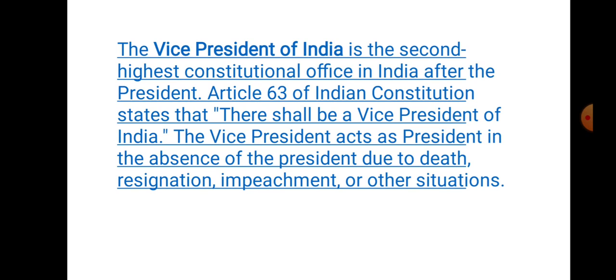The President is considered the first citizen of India, whereas the Vice President of India is considered the second highest constitutional office in India after the president. In the Indian Constitution, Article 63 states that there shall be a Vice President of India, and the Vice President acts as president in the absence of the president due to death, resignation, impeachment or other situations.